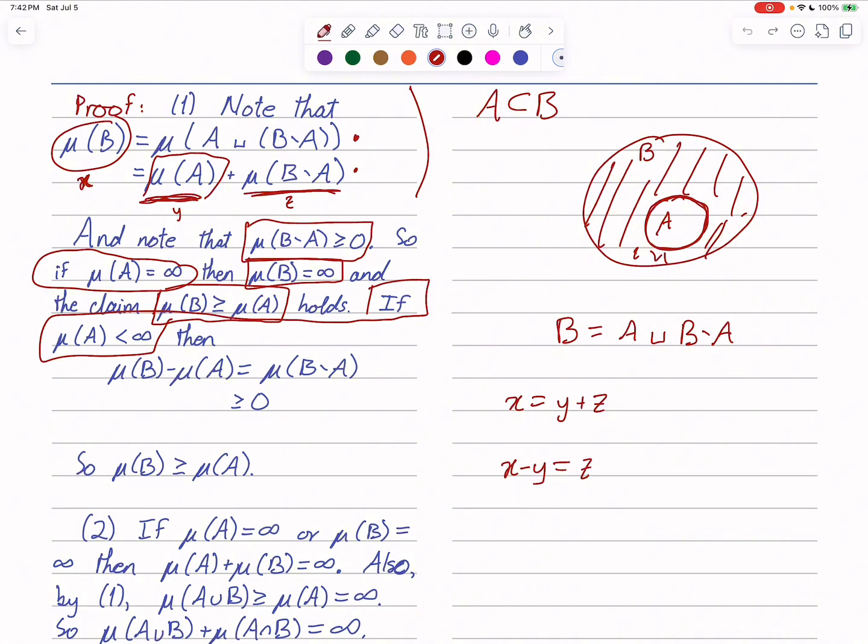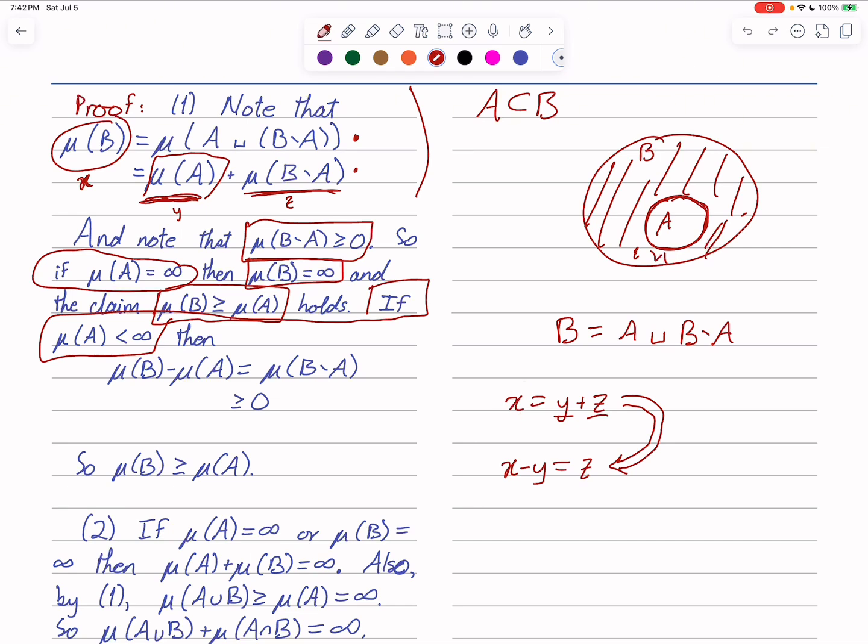So basically what I'm arguing is that when we're working with infinities, this move is a valid move. The first one has both sides equal to infinity. The second one also has both sides equal to infinity. So this move is valid when Z is infinite. Now let's consider the case when Z is finite. If Z is finite, you've got Y, which is finite, and Z is finite. The sum of them is finite, so that means X is finite.